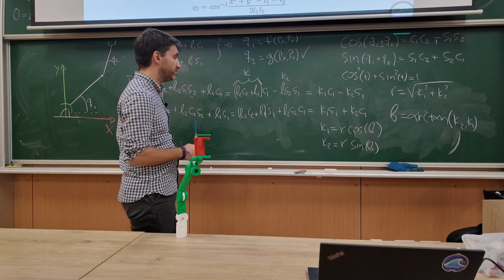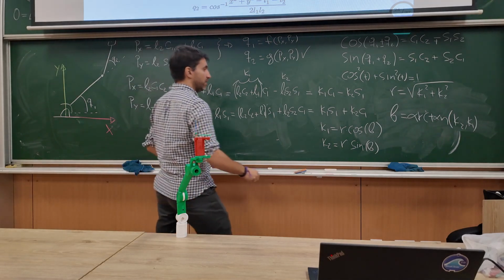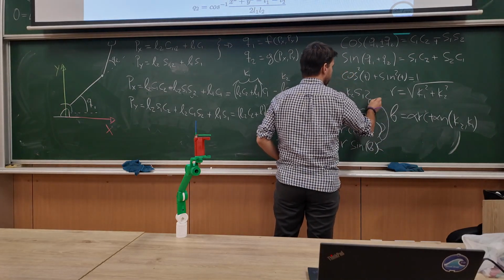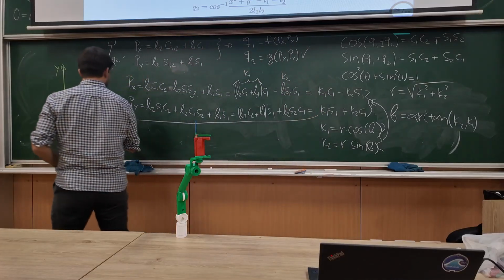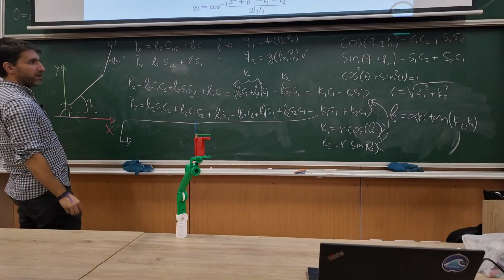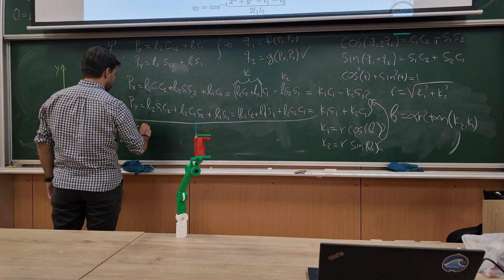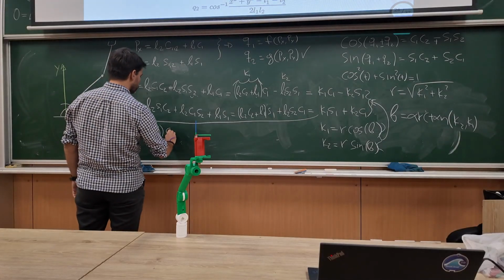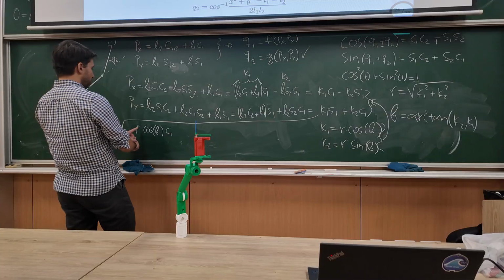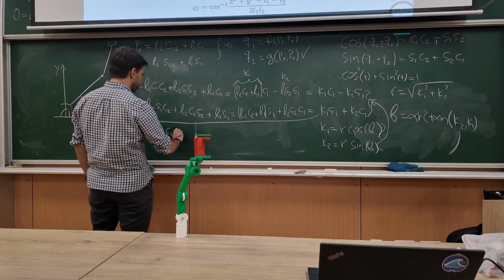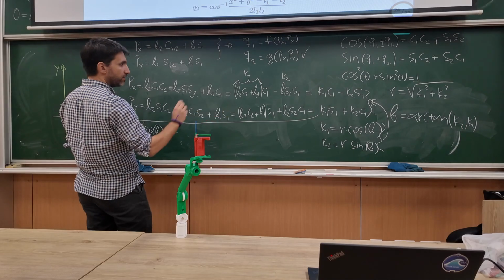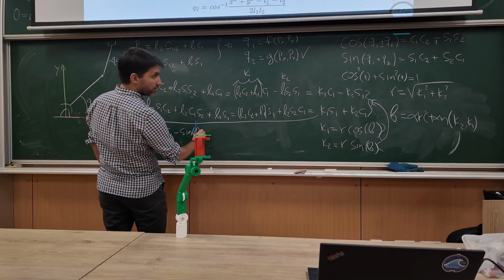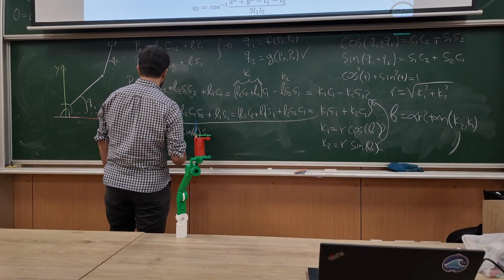Now, if I replace this here, what do I get? I'll take these two and replace them here, and then bring them here. What do I have? Kappa 1, r cosine of theta, cosine of q1, and I factor out r so I don't have to rewrite it. Sine of theta, sine of q1, right?